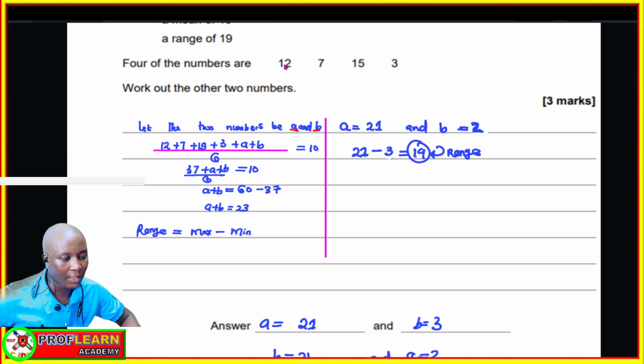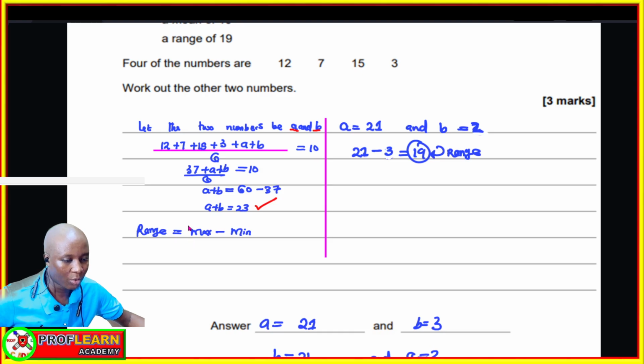Then if we add 12 plus 7 plus 15 plus 3 plus a plus b over 6, it's going to give us 10. If you add 12, 7, 15, and 3, that's going to give us 37, plus a plus b, over 6. If I multiply by 6 both sides, I'm going to get 60. So if I subtract 37, a plus b will be an equation that I'm going to have.